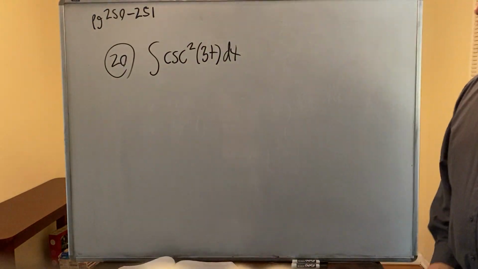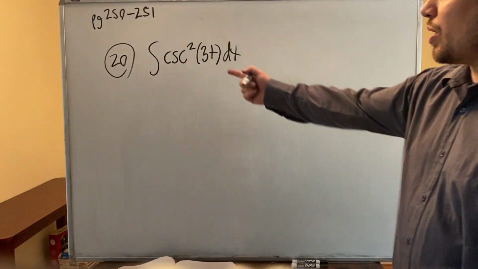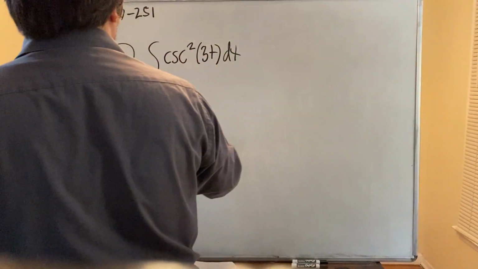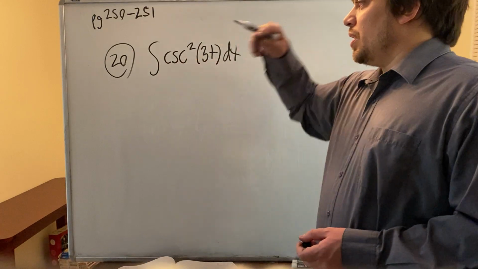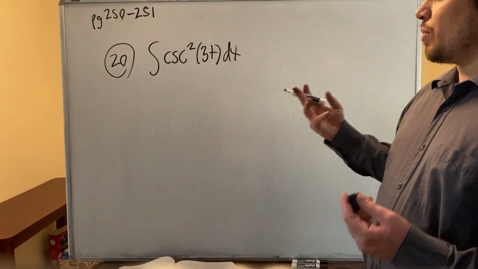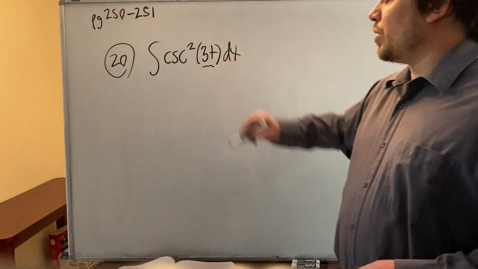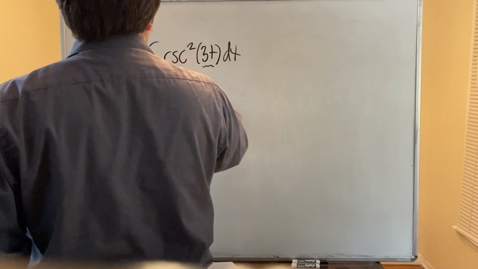Okay, so we're going to find the most general antiderivative of this integrand function. So I'm going to use u substitution again because it's not cosecant squared of t, it's cosecant squared of 3t. So I'll let u be the 3t. So that's simple. Letting u equal 3t is a simple u.